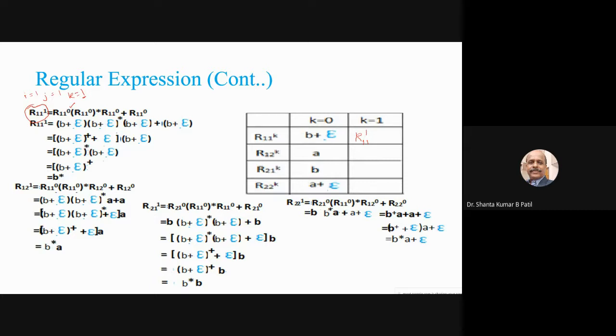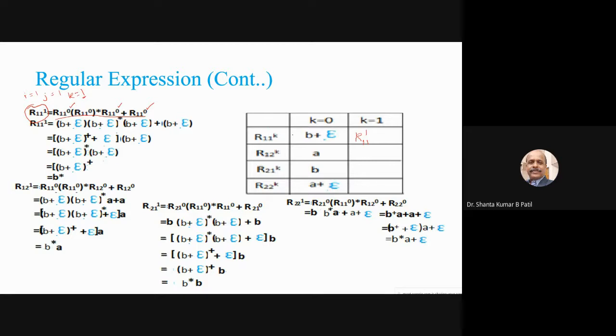Then R of kj, k is 1, j is 1, so k minus 1 is 1 minus 1, it is 0. Plus R ij, i is 1, j is 1, k minus 1, that is 1 minus 1, it is also 0. Substitute the values, so you can find out all these values from the first column.